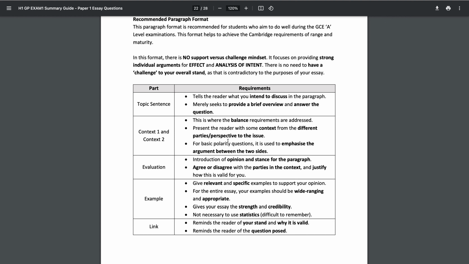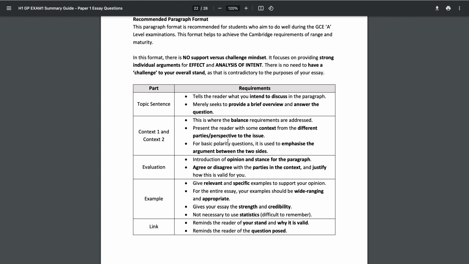What I'm doing is presenting you with different contexts from different parties, different perspectives. Can be majority believe this, but minority believe this. Can be in the past we believe this, in the present we believe this. Can be absolutely yes. Some people believe absolute because why? Most people don't believe absolute because what's the reality? That is what I mean by context.